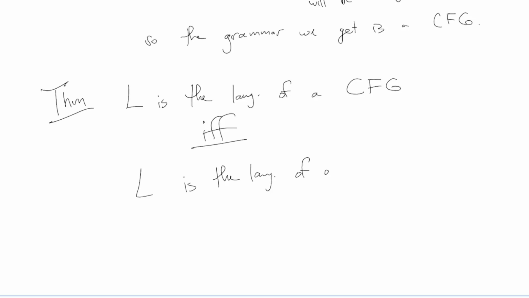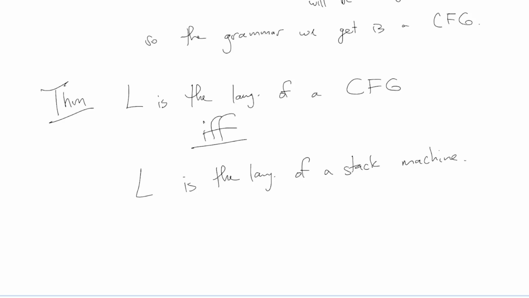They are the same category of languages. All right? Because you can interchange them back and forth. You can change a stack machine to a context-free grammar, and you can change a context-free grammar back into a stack machine. So these must be the same category of languages.